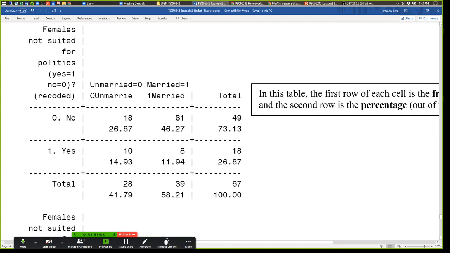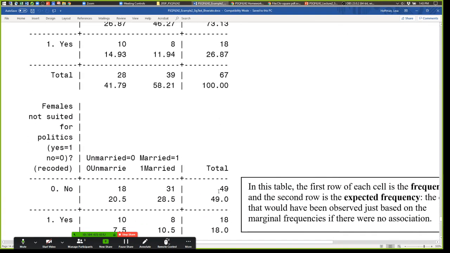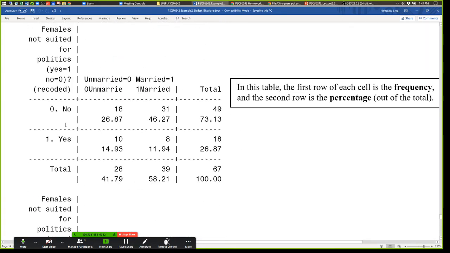So I will warn you, in Stata output, I discovered this last semester and I've still not found a way to rectify the situation. Stata spits out two tables. The first table contains the frequency, like here's my 18, and the percentage. So 18 people is 26% of the sample.